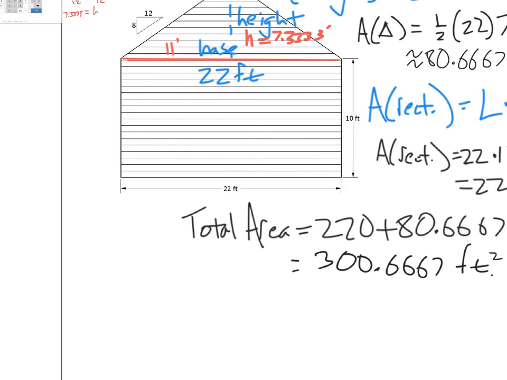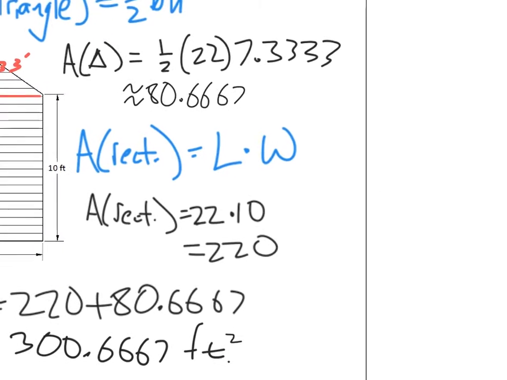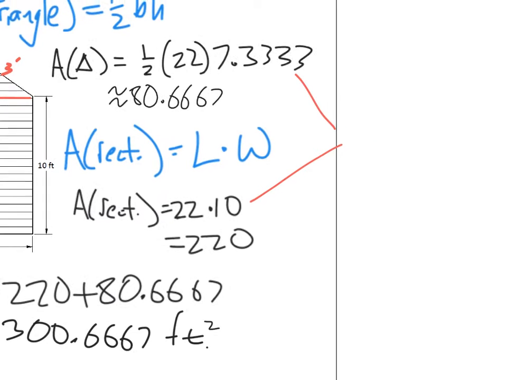Now, one little suggestion as we do this, a better way to do this, I want us to start to get used to taking these two things and writing one formula and going to our calculator once.